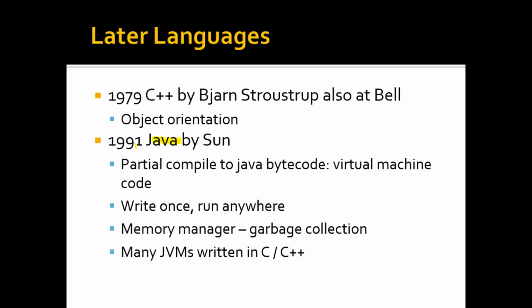This Java language is compiled to Java bytecode, which is virtual machine code. Write once, run anywhere, with memory management and garbage collection. Many JVMs are written in C or C++.